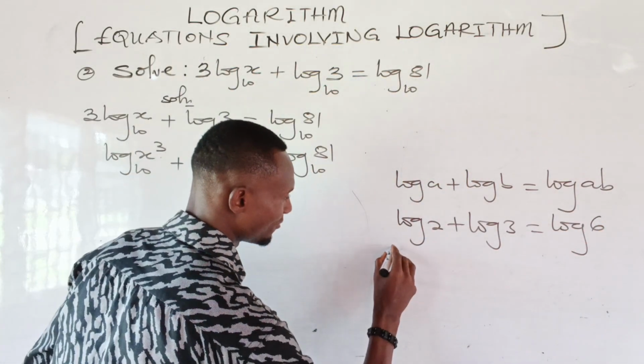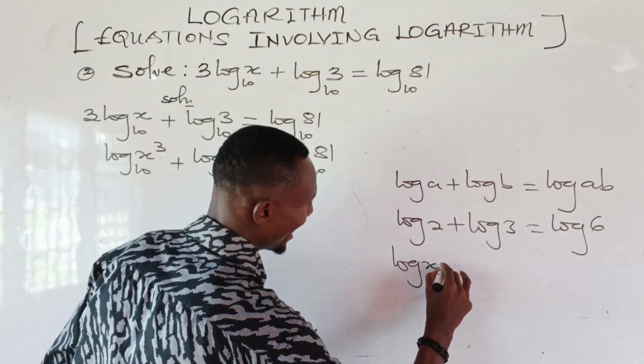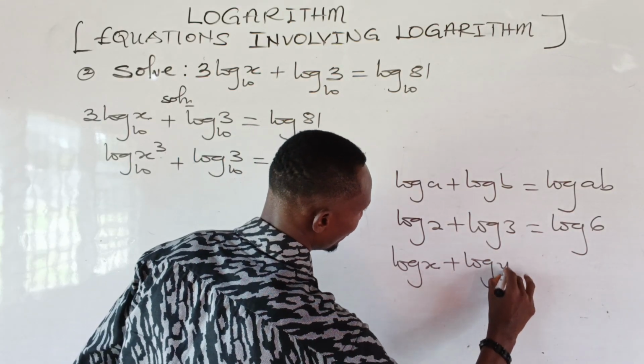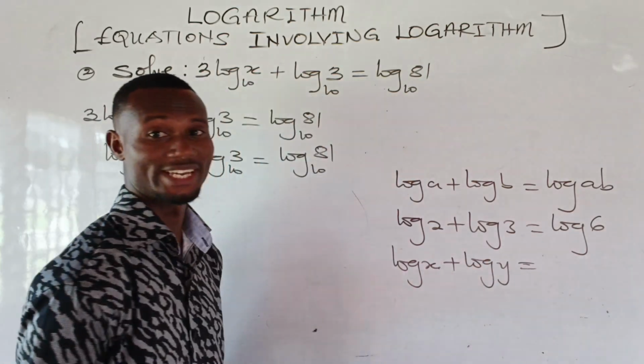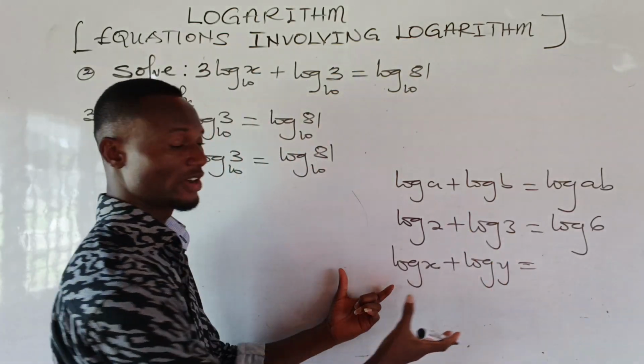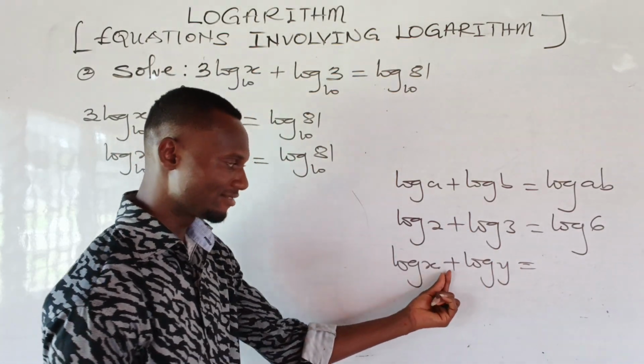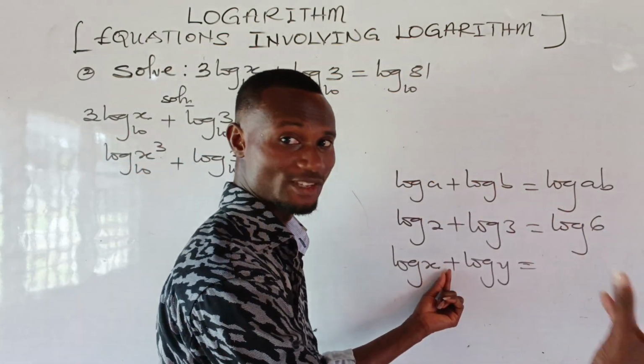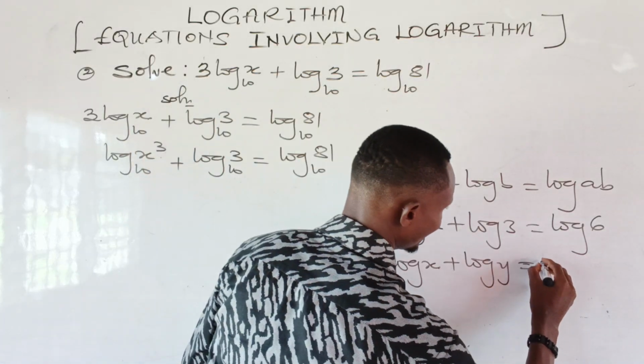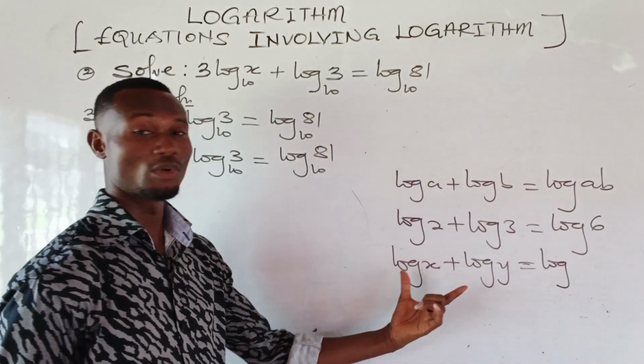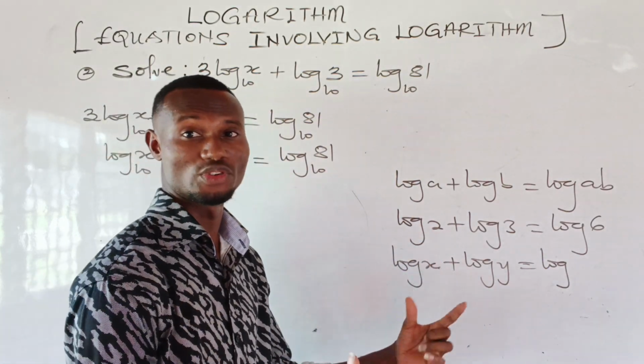One more time, if I have log s plus log y, the product rule says that I can express this as multiplication. Having addition, you can express it as multiplication. How to do that is that just write your log and do your multiplication of the variables or the numbers.